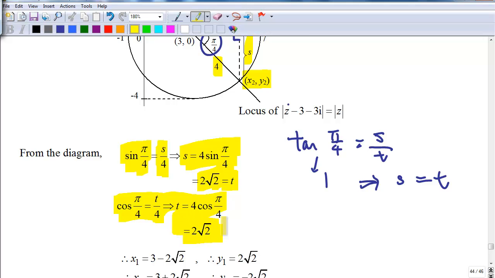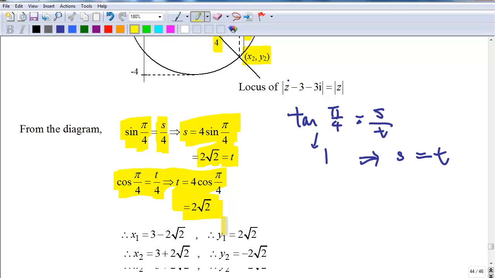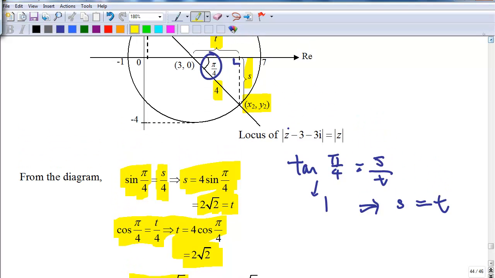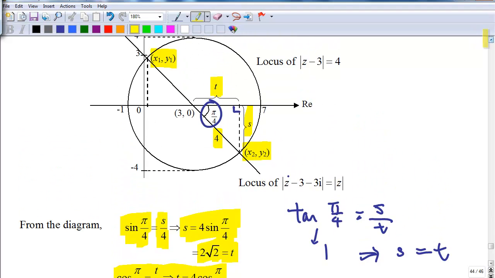Now once I know my s and my t here, then straight away I can write down my x1 and my x2. Why? Because look at the diagram.